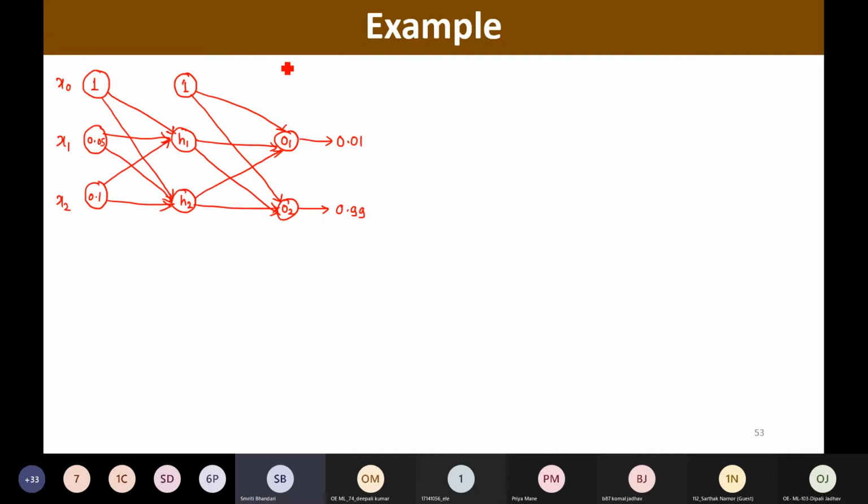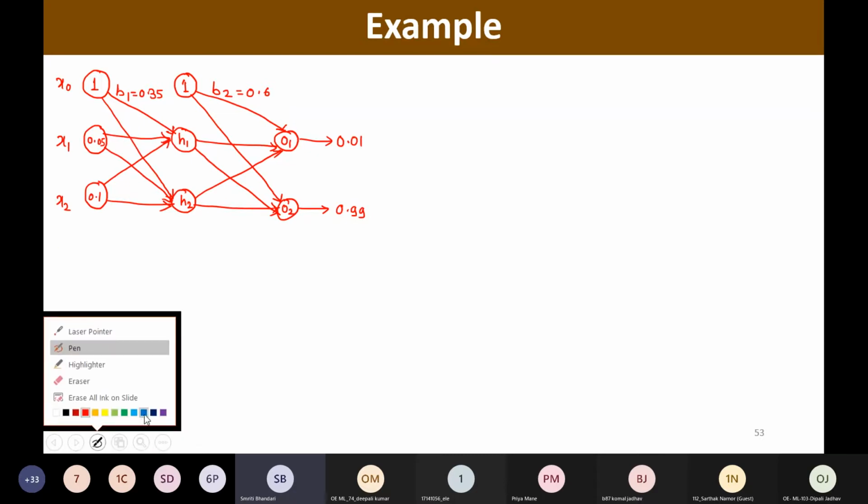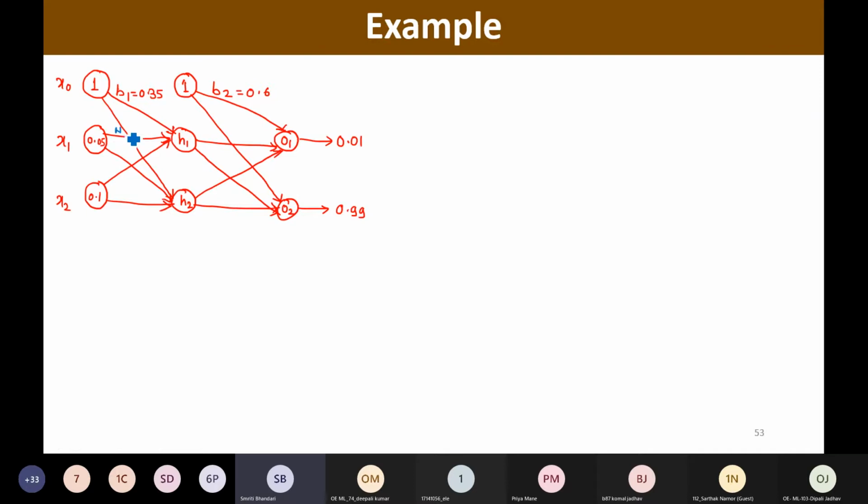So let us say here I am having the bias, say B1, and say bias is B2. And let us assume that this bias B1 is say 0.35 and this bias B2 is say 0.6. Now this link is having the weight, so let us abbreviate it like W x1 h1.